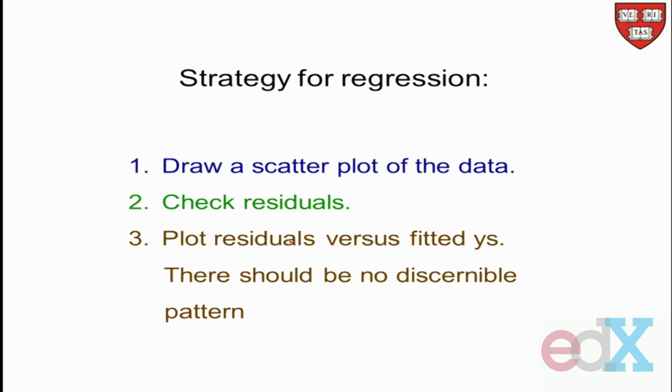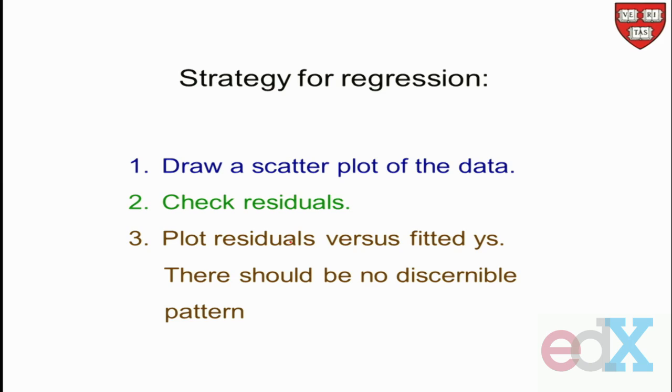So what's our general strategy for regression? We can draw a scatter plot of the data. That gives us an idea of how the relationship should be and whether we have, in fact, linearity or not. Then check the residuals. Plot the residuals versus fitted Y's, and there should be no discernible pattern.